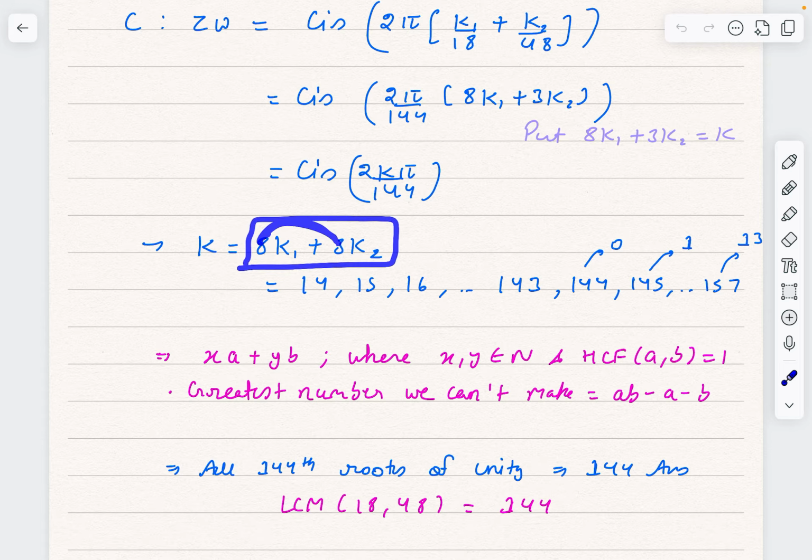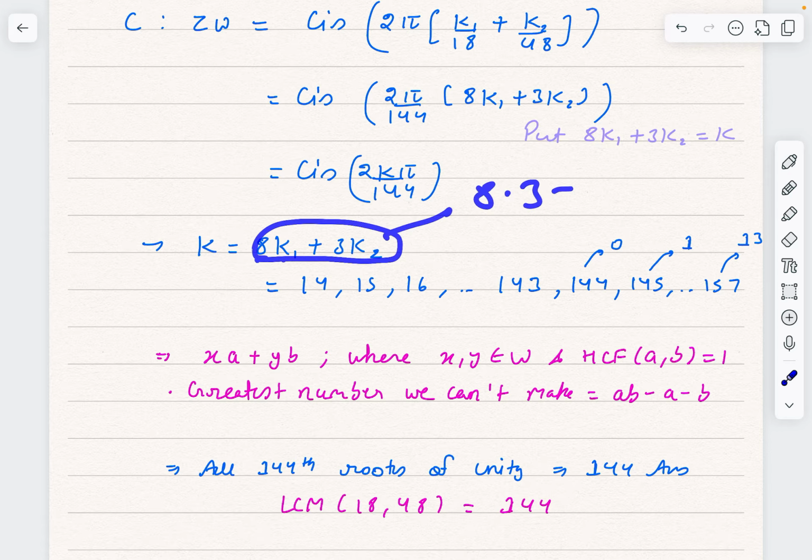For example, we have 8k1 plus 3k2. 8 and 3 are two co-prime numbers. k1, k2 you can take any whole numbers here. It should be whole numbers here, not natural numbers. So see, the greatest number which you cannot make here will be 8 into 3 minus 8 minus 3, that will be 13. After 13, every number will be possible.